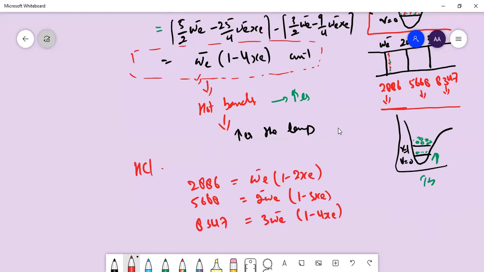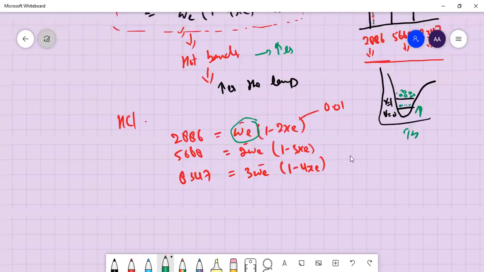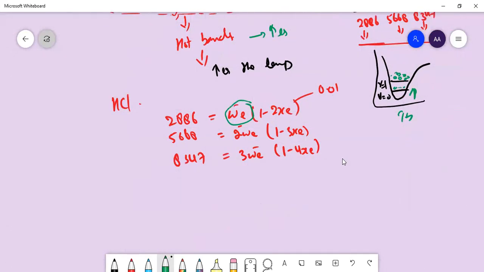From here, we know that the value of XE is very, very small. We can calculate the value of this anharmonic oscillation frequency, and if you have this frequency, you can easily calculate the value of the force constant by using the equation k equal to 4 pi square c square omega E bar square mu.